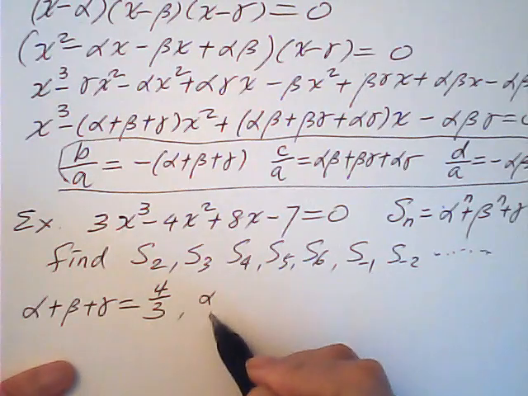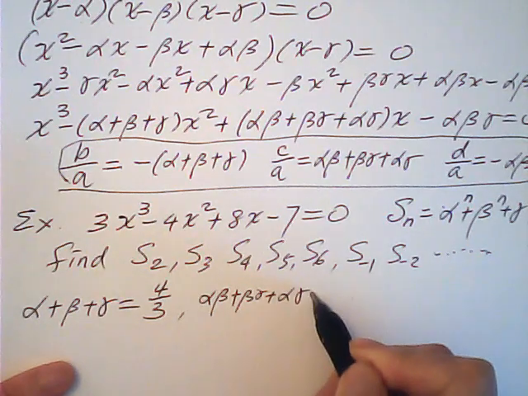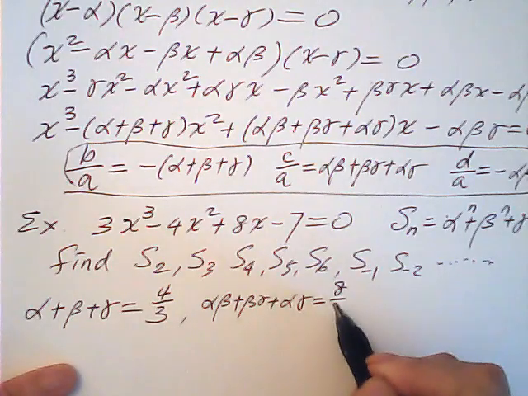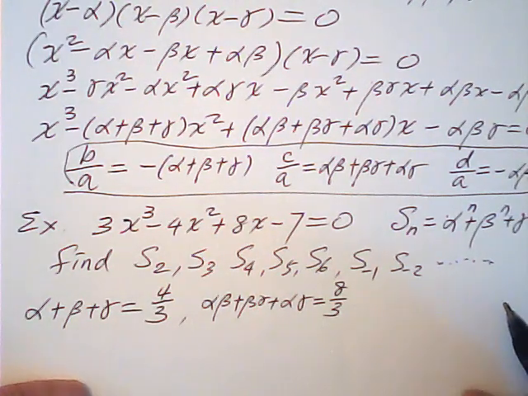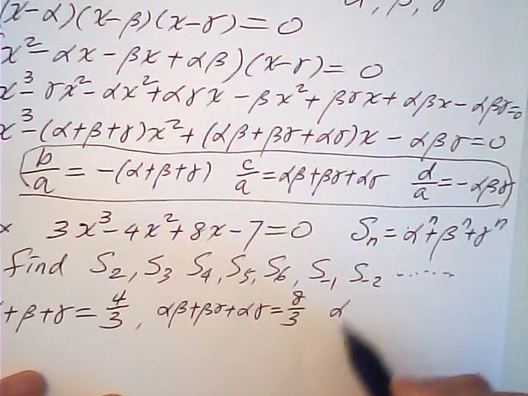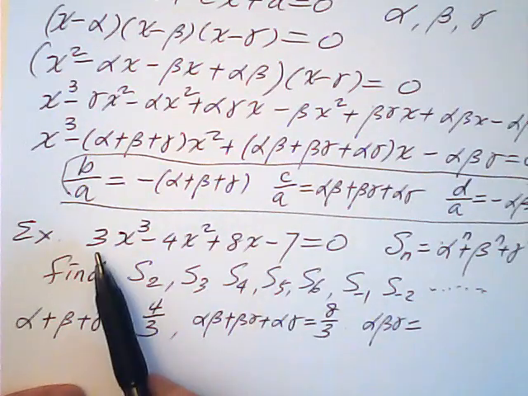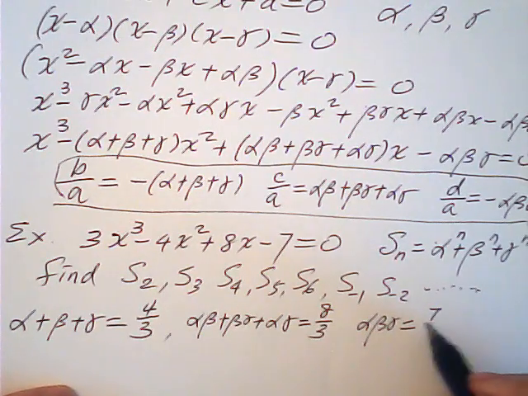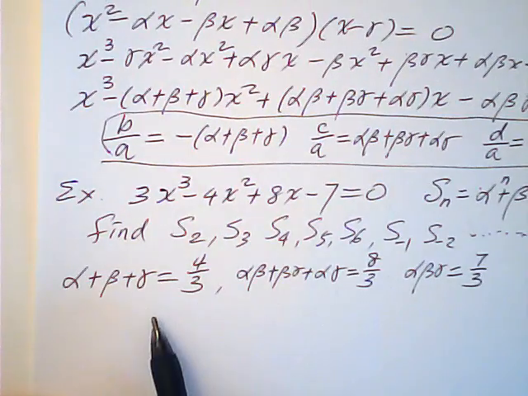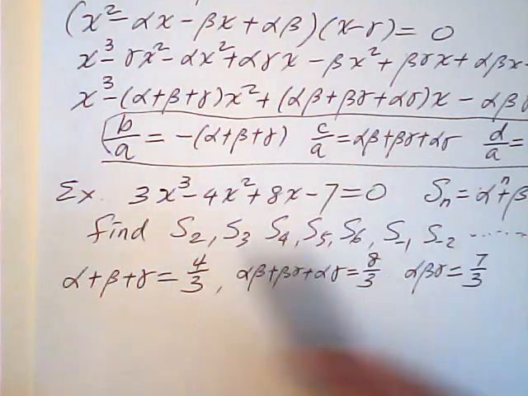And alpha beta plus beta gamma plus alpha gamma is equal to 8 over 3. And alpha beta gamma is equal to 7 over 3. So with these, we can find those values as listed.